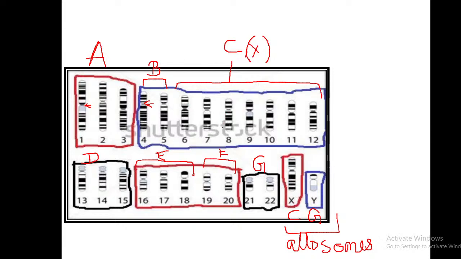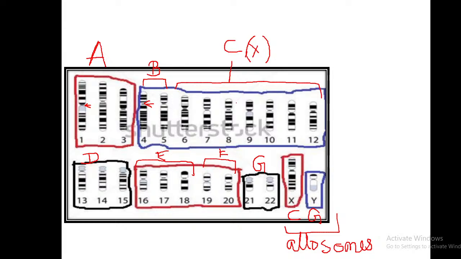You can see a long Q and a short P arm here. So they are submetacentric medium sized chromosomes from 6 to 12. And the sex chromosome X comes along with this. That is almost the length and the pattern is almost same as that of the chromosome set C.